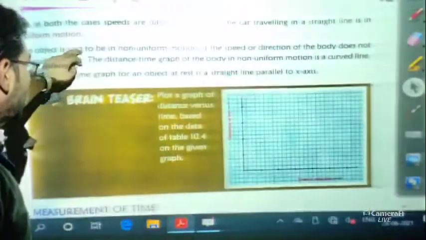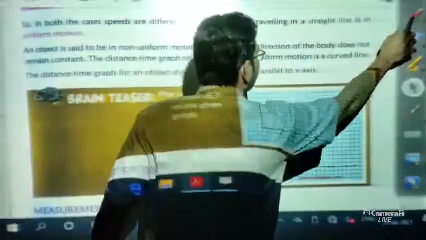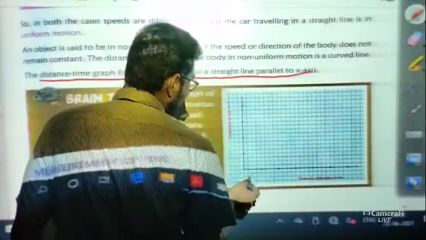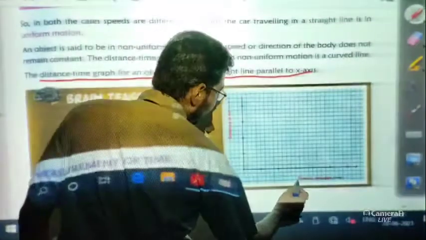Now let me tell you one very important thing that is written: the distance time graph for an object at rest is a straight line parallel to the x axis. The object is at rest, so as time goes on, here we have taken time.